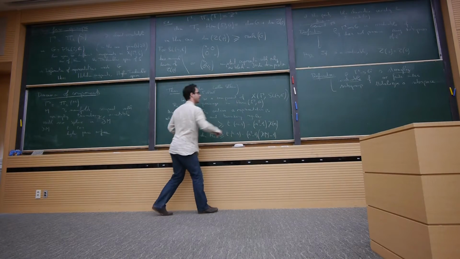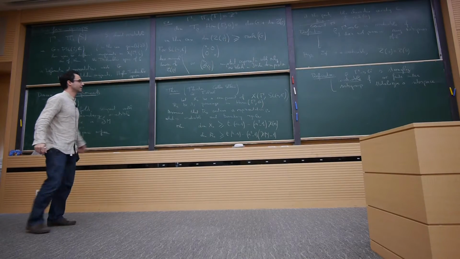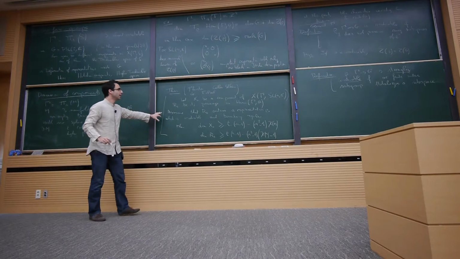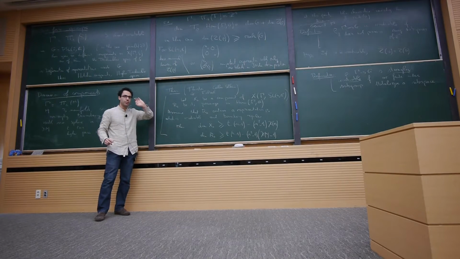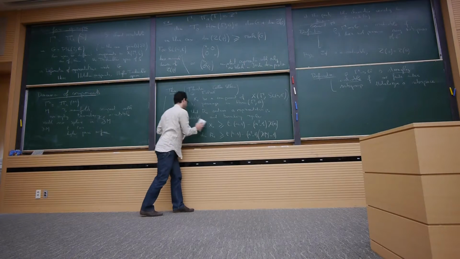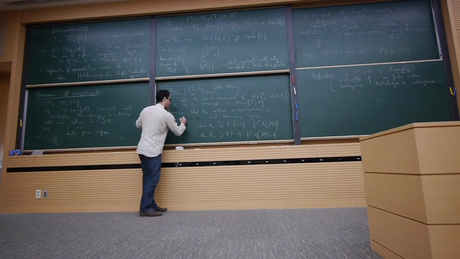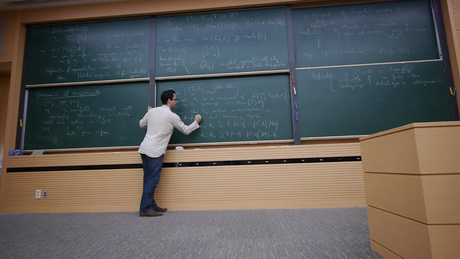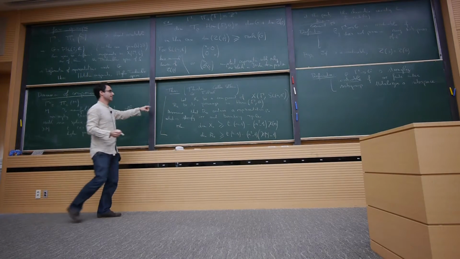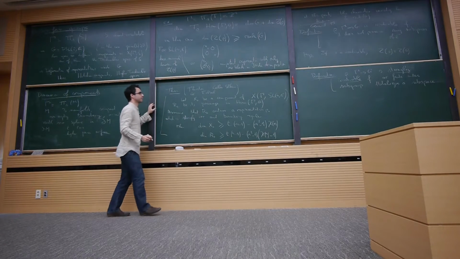I will explain what it means just now. Okay, but if you have a representation which is not too degenerate, strongly irreducible, and boundary regular, then you have this bound.